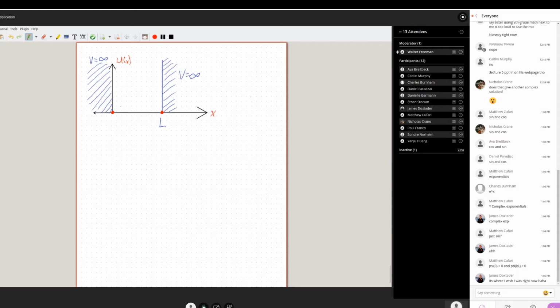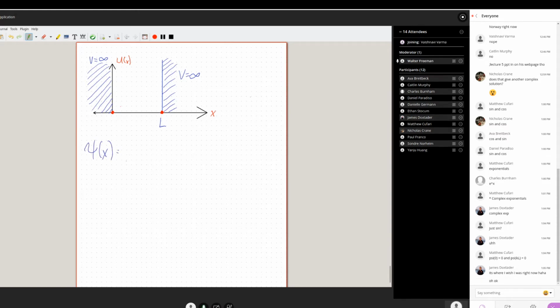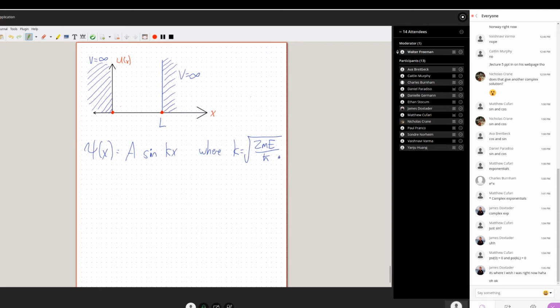So pasting again this thing, we're going to keep looking at it. What I have figured out is that psi of x is some amplitude times the sine of kx, where k we know is the square root of 2me over h bar. Is everybody with me so far?